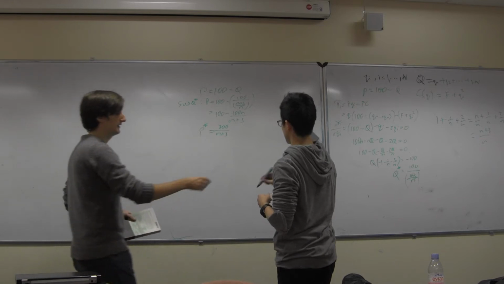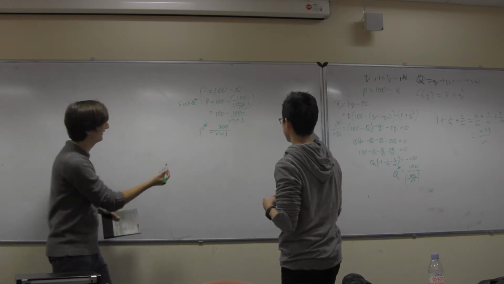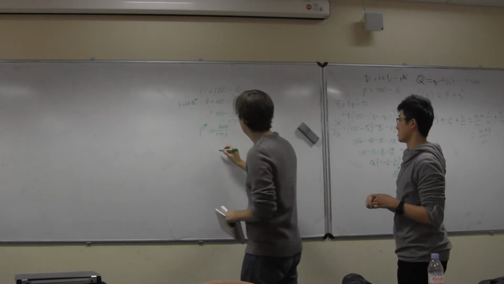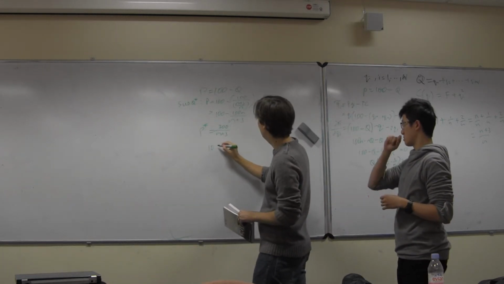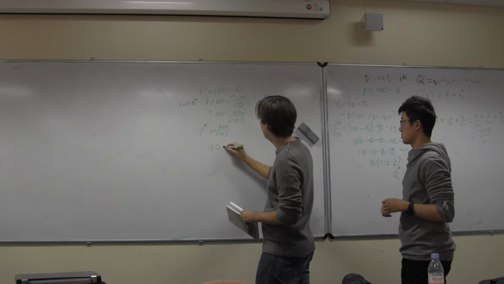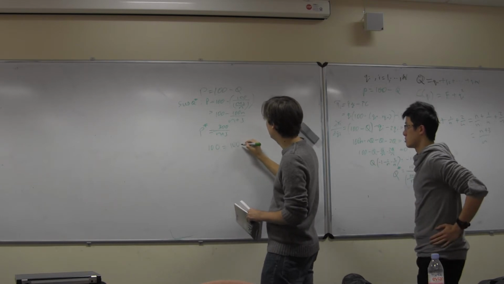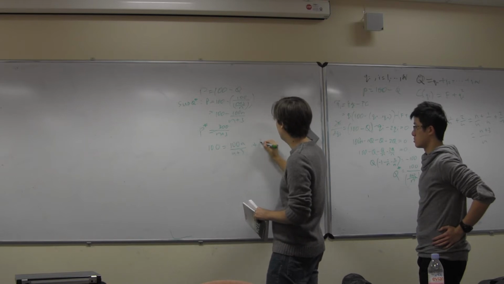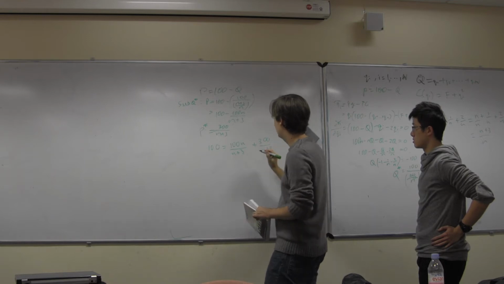Okay, you're very fast. Let's just go through it for everyone else and for my benefit. So 100 is just equal to 100n over n plus 3 plus 300 over n plus 3.